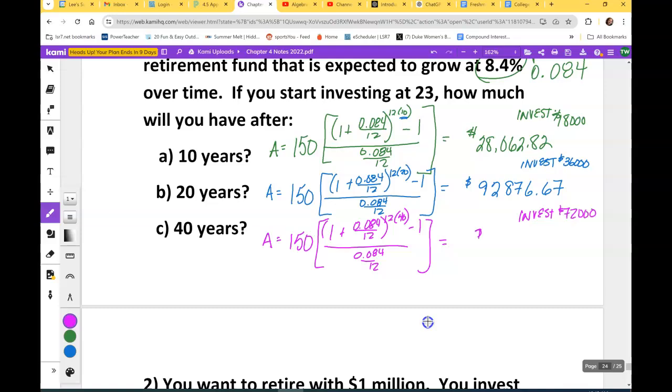But the amount in my account would be $588,303.56. So that's almost 6 times as much as I made in 20 years, and I only doubled what I put into it. So it really makes a difference that you're consistent about putting money in over time and leaving it in there to earn money.